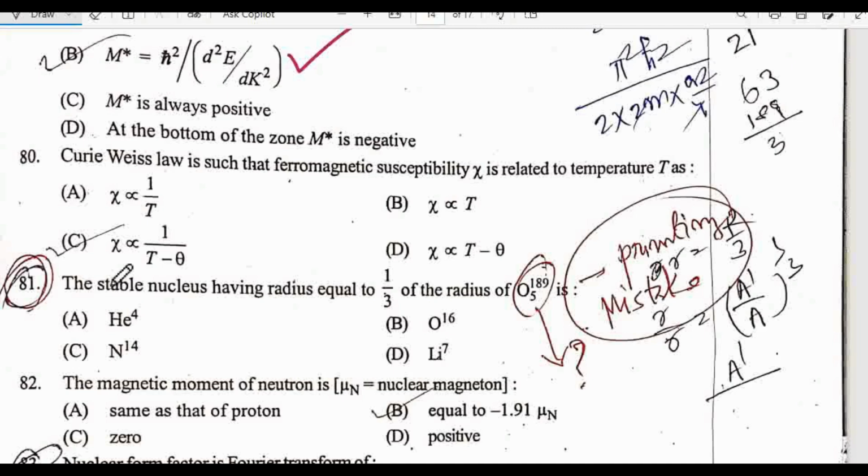You should remember that this is a long derivation, so instead of doing a long calculation every time, it's better to remember the expression. This is the correct one. Please remember it because it is frequently asked in questions. For a ferromagnet, the susceptibility expression is 1 by T minus theta.